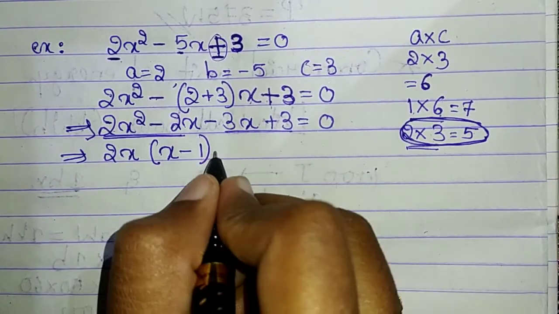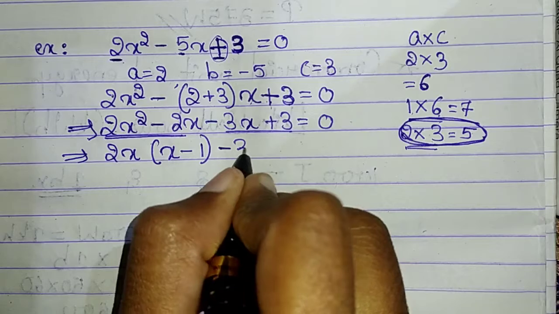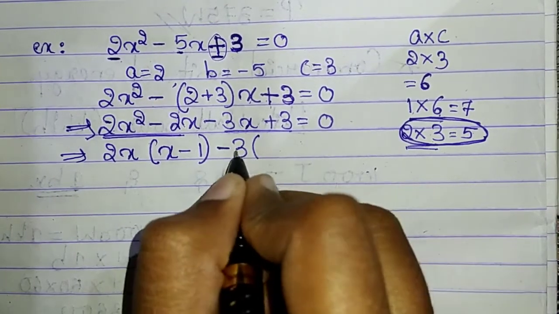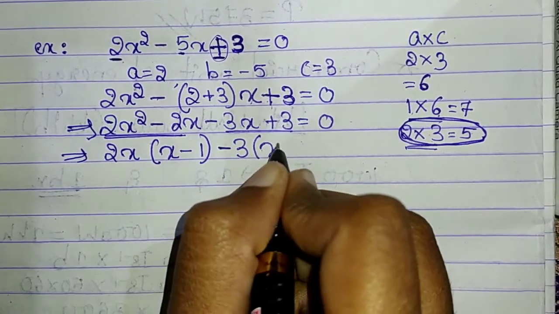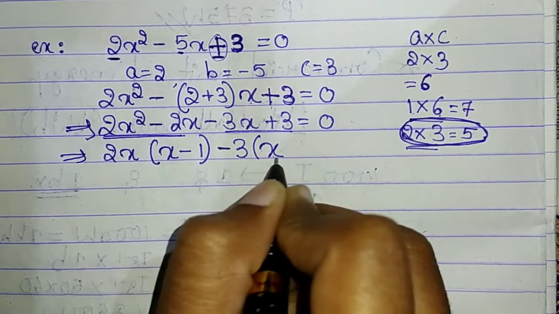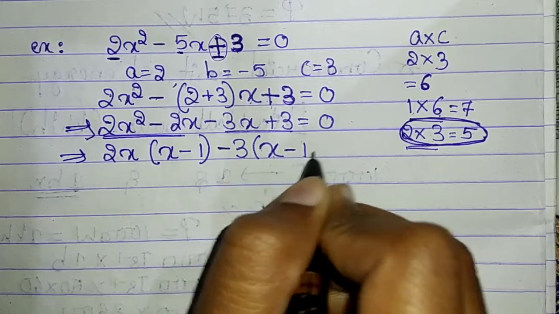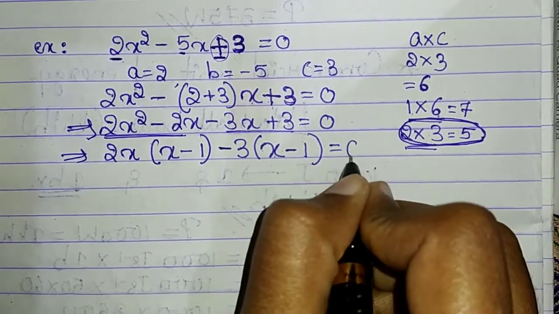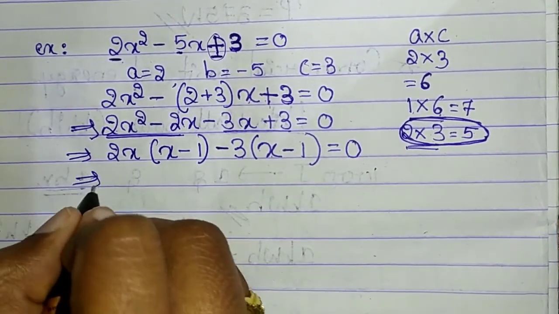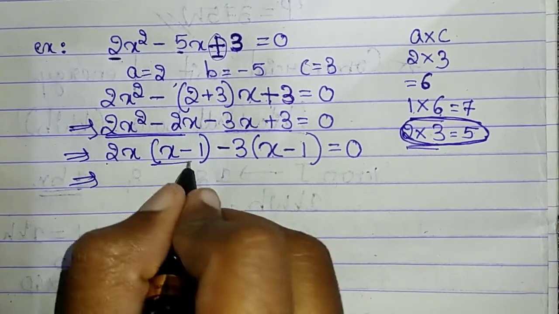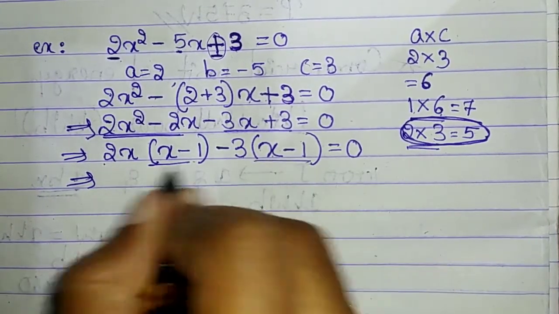Similarly here, minus 3 is common. Removing minus 3, what remains is x minus 1, because on opening the brackets we will get minus 3x, minus into minus plus 3, equal to 0. So now we have x minus 1 common in both of these terms.